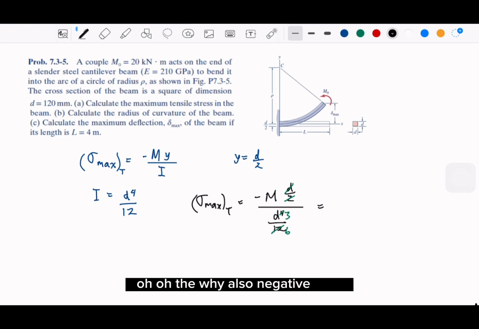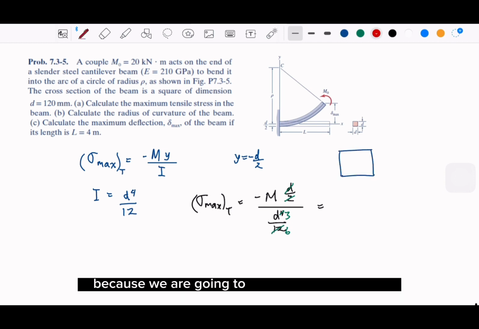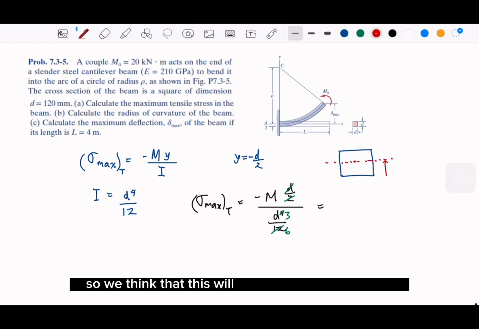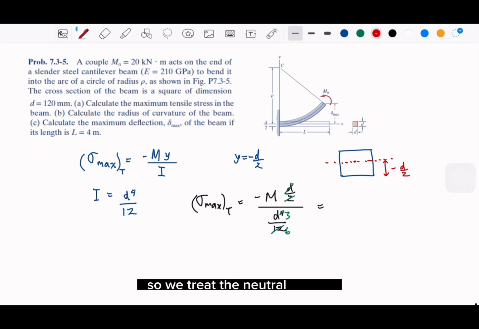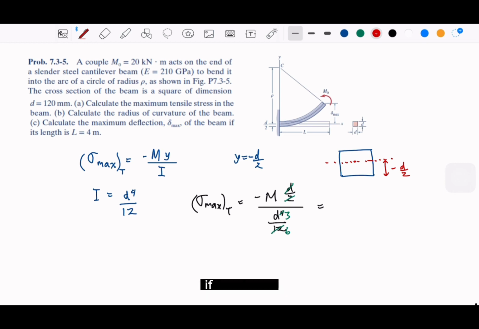The y is also negative, right? Let me draw here. This is the neutral axis. So we take that this will be negative d/2. We treat the neutral axis as the reference for whether it's positive or negative for the signs. If it's below the neutral axis, it's negative.